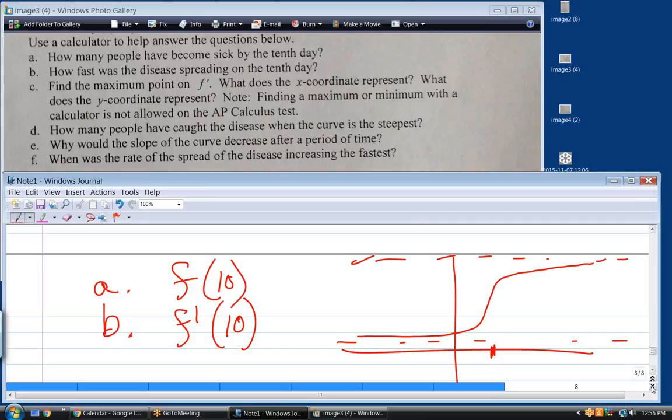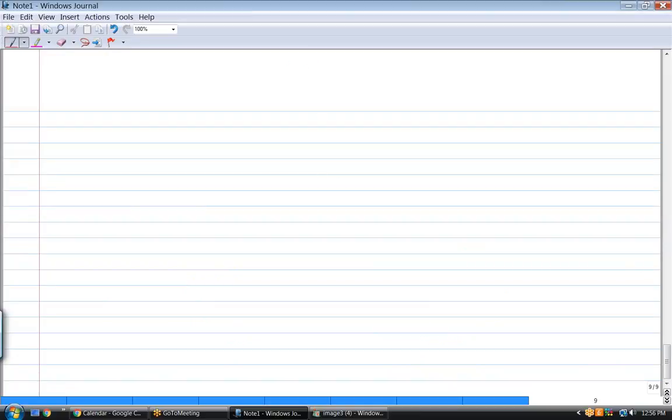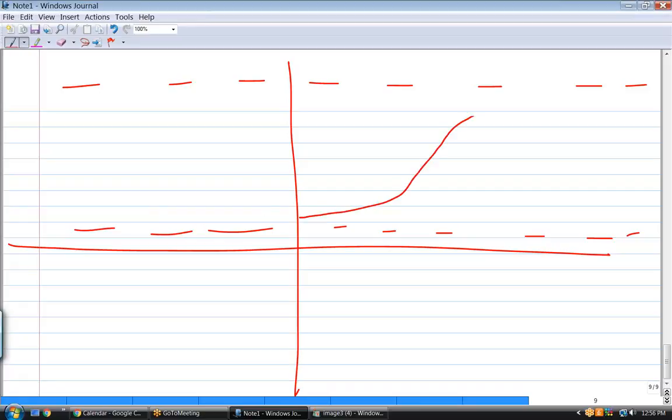In other words, if I blow this up really big, as the curve approaches that horizontal asymptote, the slope decreases, right?